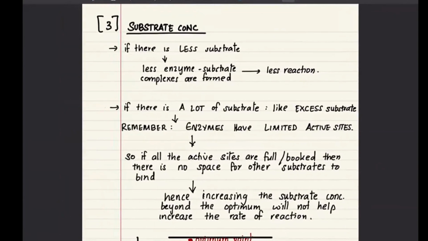If there is less substrate, that means if there are not enough molecules around, the enzyme substrate complexes are going to be formed in less number. So there's going to be less reaction. There would be a reaction, but not as good as we expect it to be.